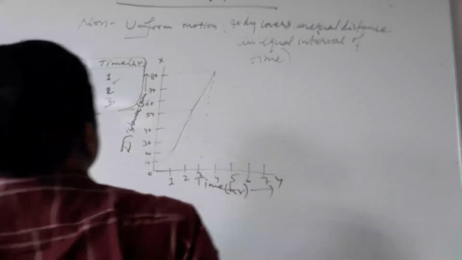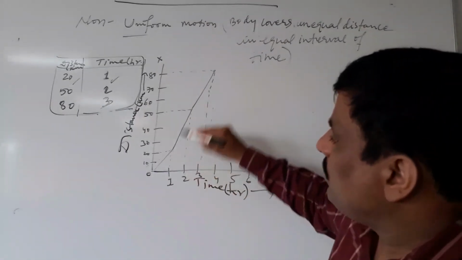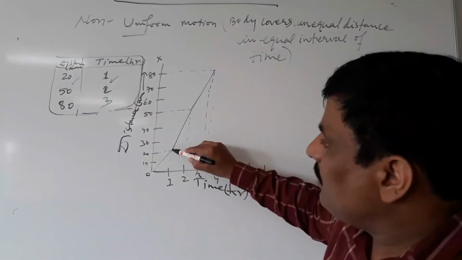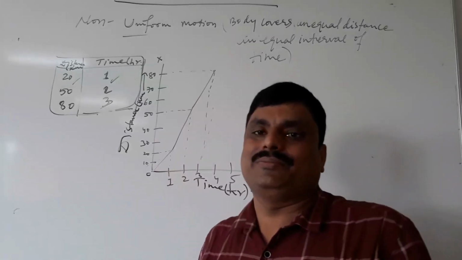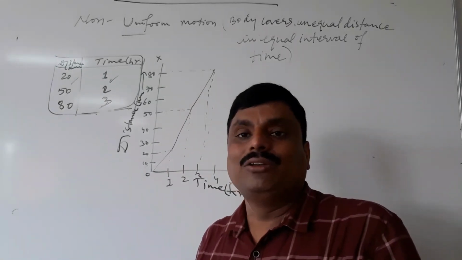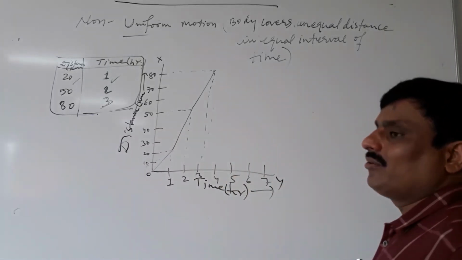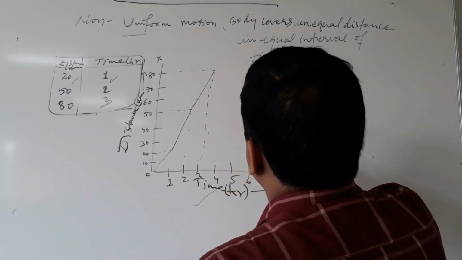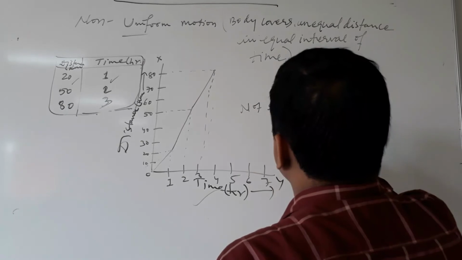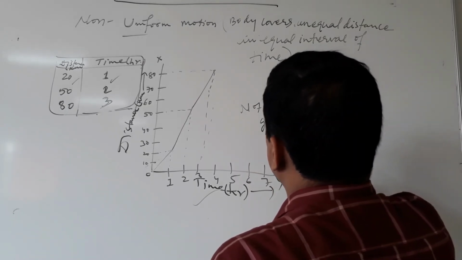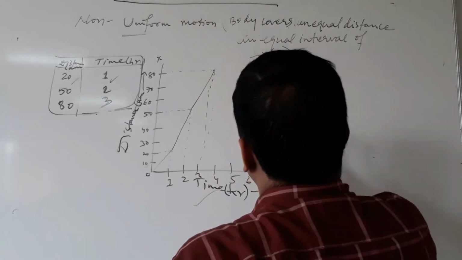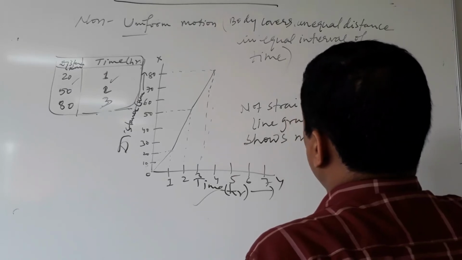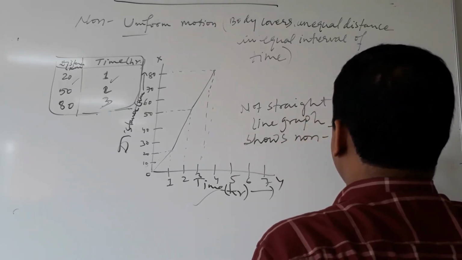In next 1, 1, 1 hour, it is equal, 1, 2, 3. But we are seeing that distance cover is unequal. So we can say in non-uniform motion, any object covers unequal distance in equal interval of time. Not a straight line graph. So non-uniform motion.